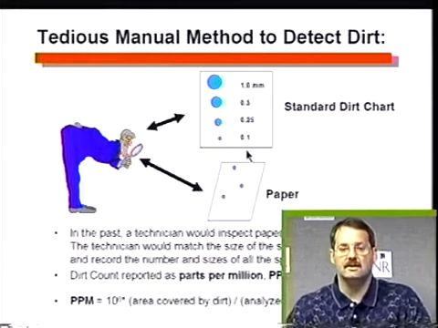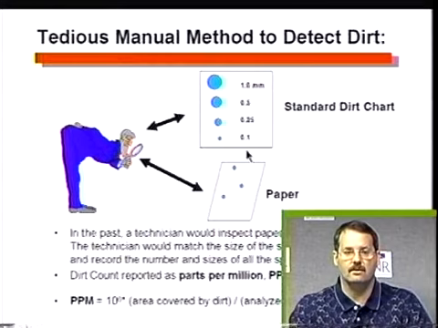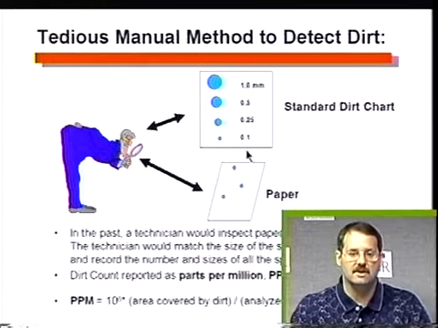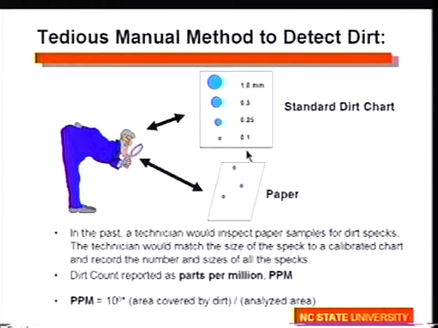In the past, how has dirt been measured in paper? Well, typically it was done manually, and operators would visually inspect the paper. Here I have an example of paper, and I've got some big dirt spots there.